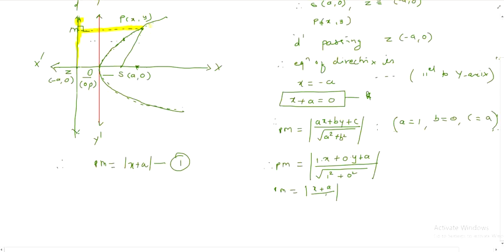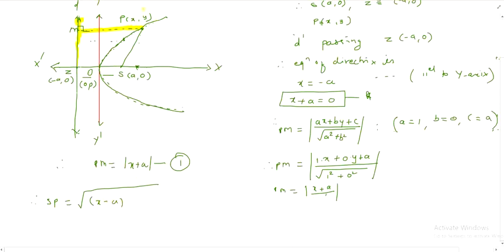Now look at this SP. We have both the coordinates of S and P. So by using the distance formula we can find out the distance SP also. Therefore SP is equal to under root x2 minus x1, that is here x minus a.